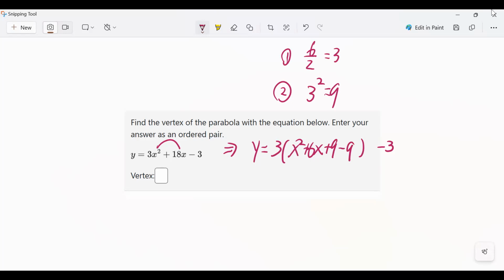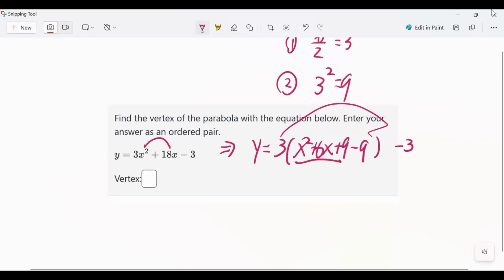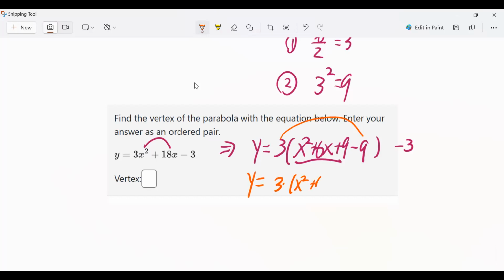And we only keep the first 3 terms. That means we distribute the 3 times -9 and move it outside. So y equals 3 times (x squared plus 6x plus 9).